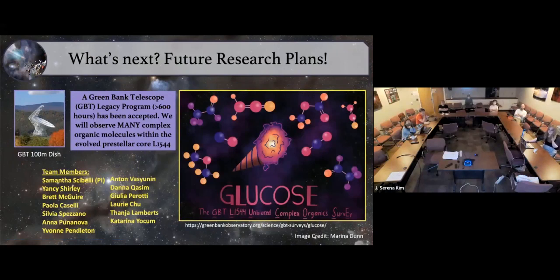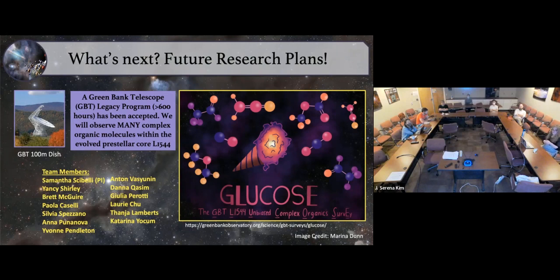Okay, so lastly, before I wrap up, I do want to talk about this future work, which I'm very excited about. This is a survey called GLUCOSE, the GBT L1544 Unbiased Complex Organic Survey.